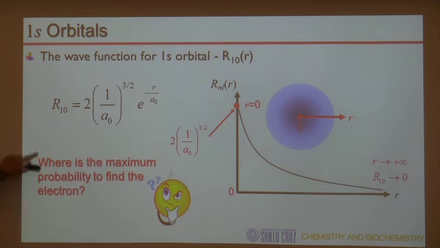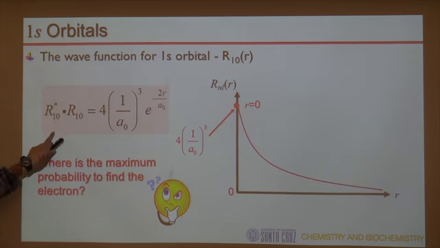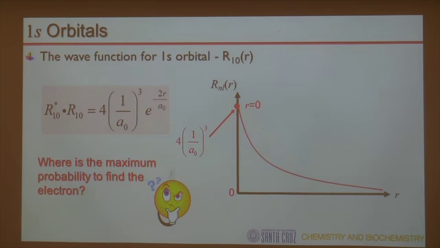So I want to ask a question regarding this equation, this wave function. What is the maximum probability to find the electron in the 1s orbital? r equals 0. How can you tell that? First, you want to square it. Let's talk about probability.